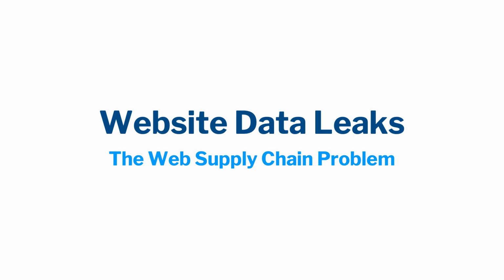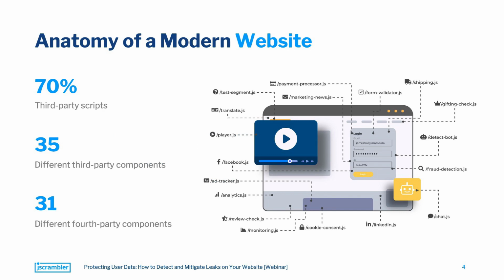So I'd like to start here by exploring why and how attackers manage to leak this kind of data from websites. Well, the first thing that we need to understand here is the anatomy of, say, an average modern website.